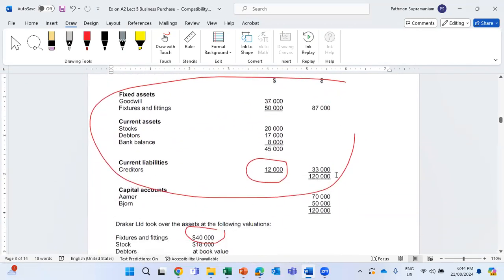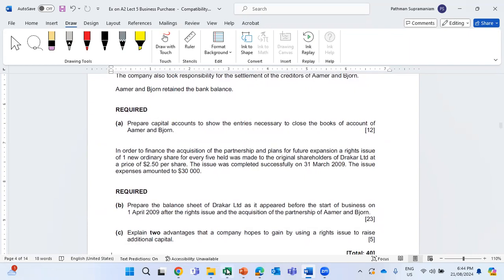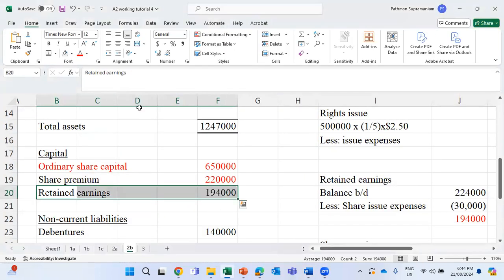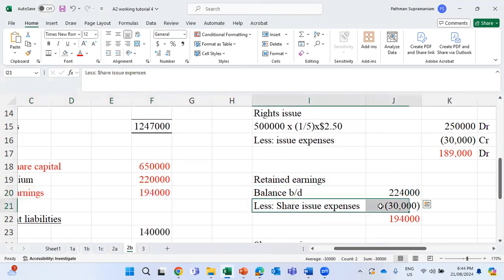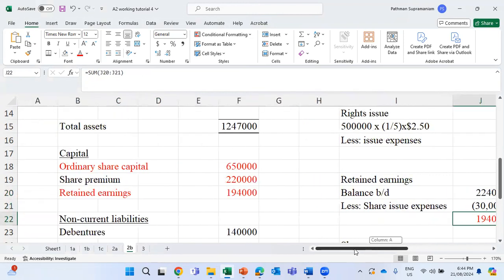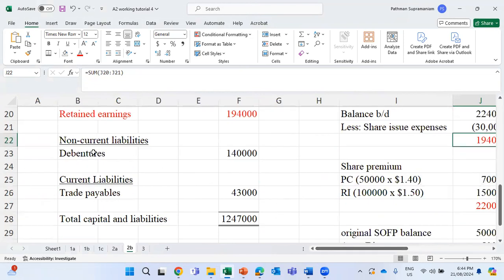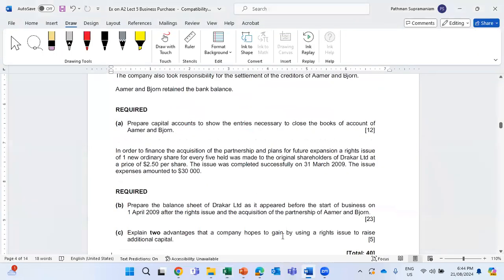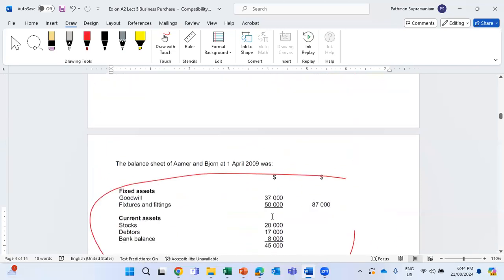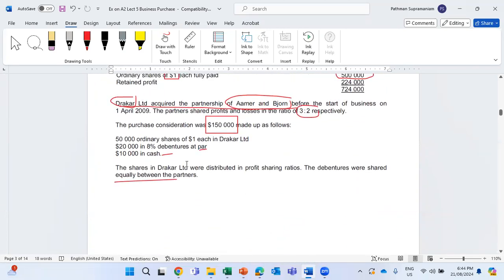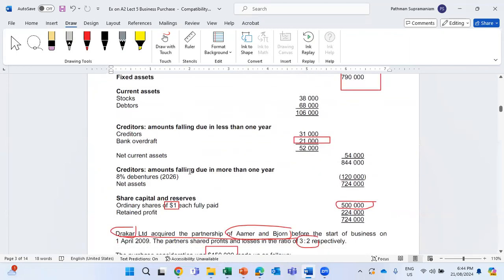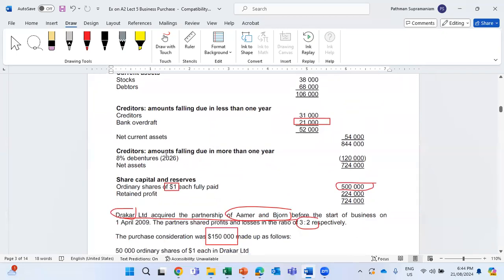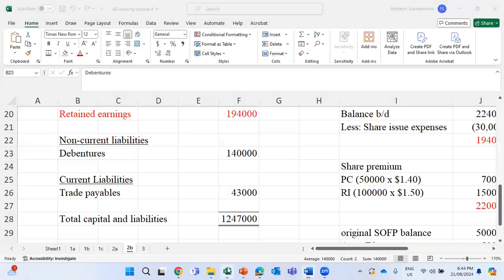Okay. So as for the retained earnings, if you notice the original buyer's SOFP, you have 224,000, but because we are deducting the expense of 30,000, that's how we get 194,000 as I've shown here. The original balance minus the share issue expense, so we get 194,000. Okay, and the debentures came from here. 120,000 plus 20,000.